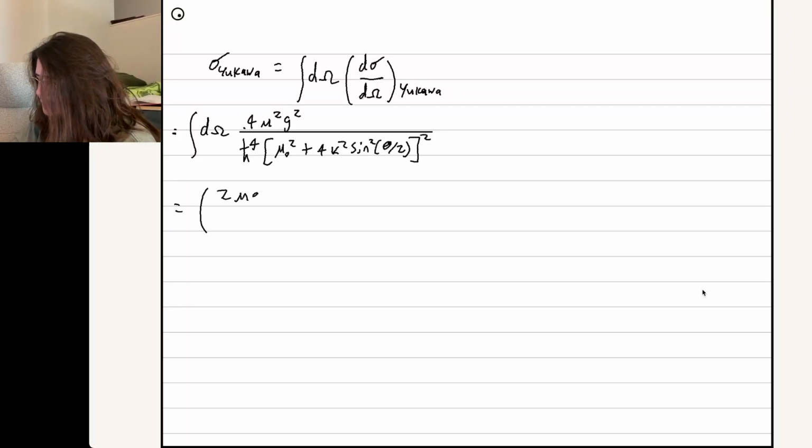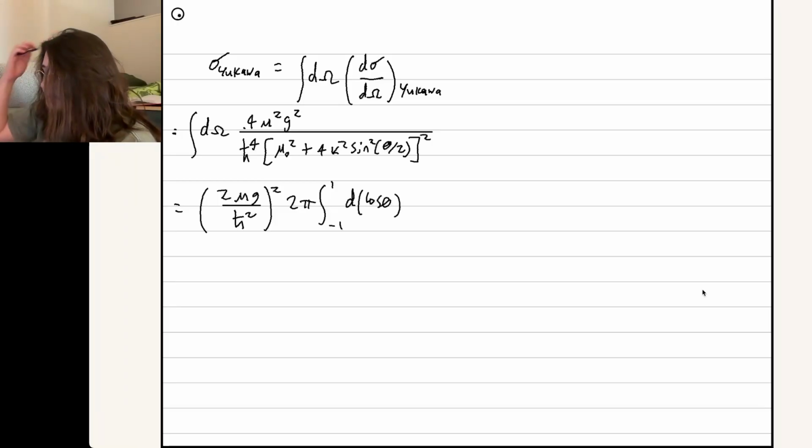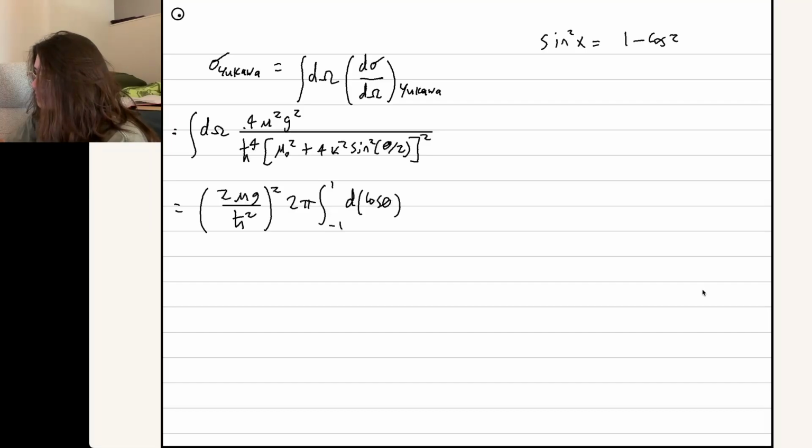So I'm just going to collect these terms out here, and then also do the phi integral. There's no phi components in this, so you just get 2 pi from that. But then the theta integral is the interesting one. And I'm going to make use of a trig identity where sine squared of x is equal to 1 minus cosine 2x over 2.